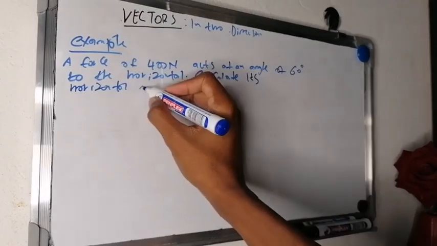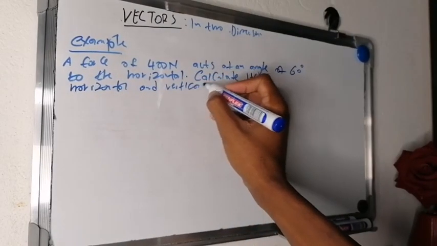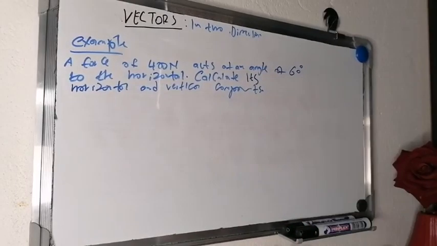Calculate its horizontal and vertical component. Remember, I'm just doing an example here, so you must listen very carefully. It's just a quick revision of something that we need to do, because I'll be talking about some trig ratios so that our life becomes better when we have to work with vectors. It's very important that you understand your trig ratios as well.